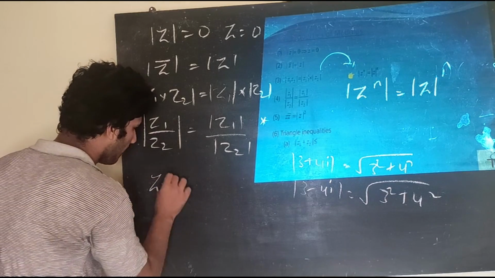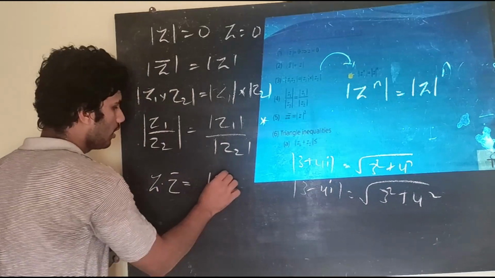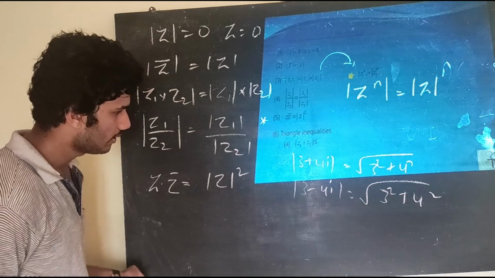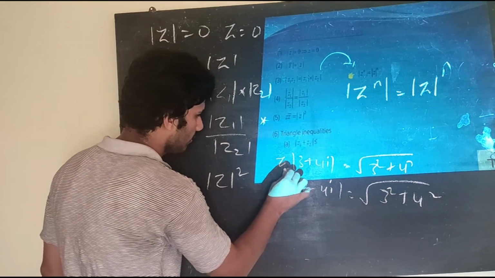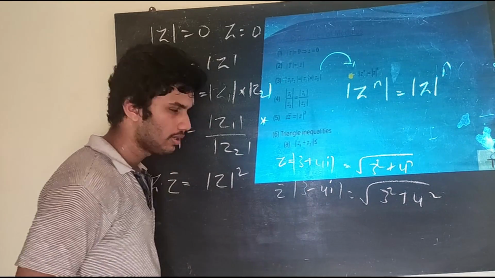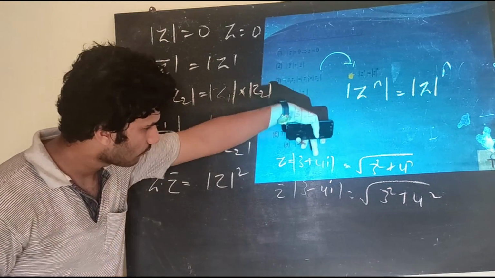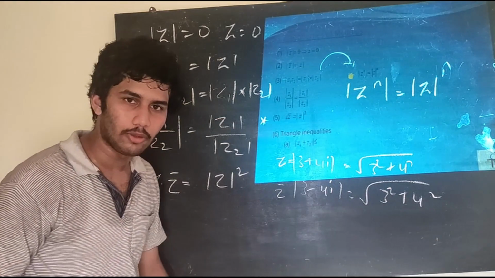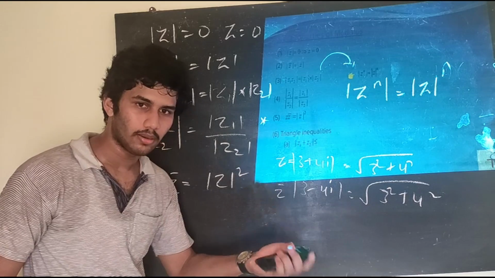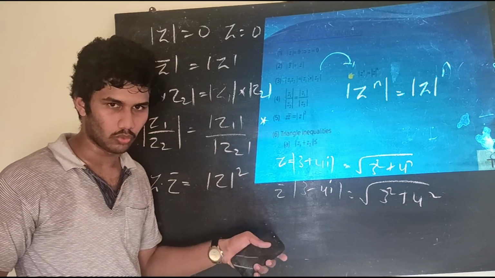Z into z bar will give me modulus of z square. Why? Let's take this. This is my z, this is my z bar. If I multiply z into z bar, 3 plus 4i into 3 minus 4i will give me 3 square plus 4 square. There is no root.